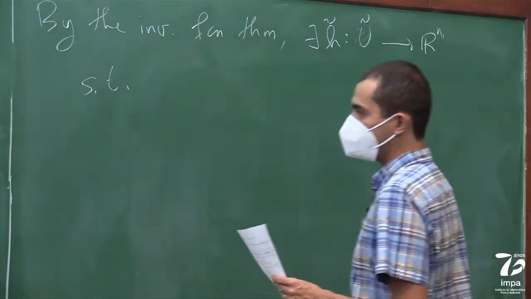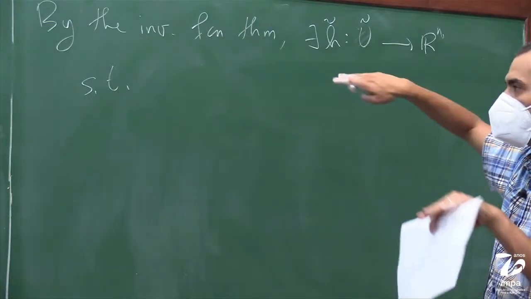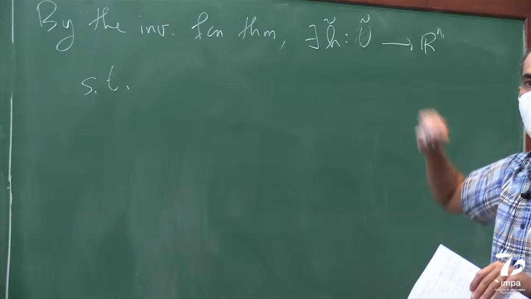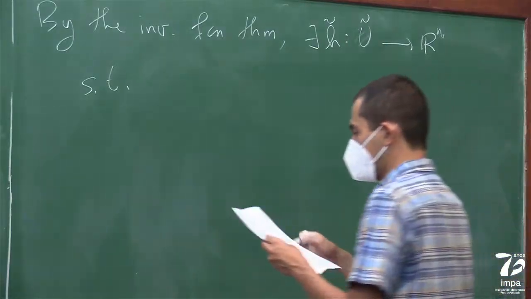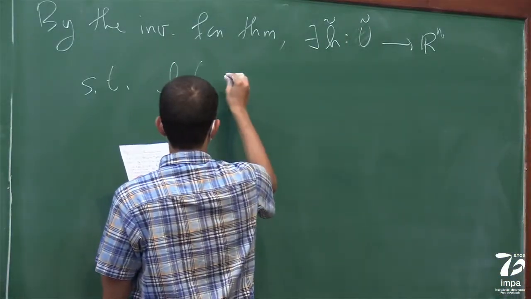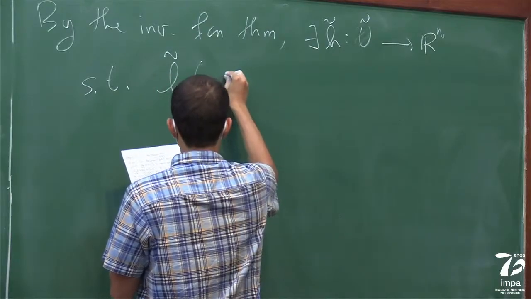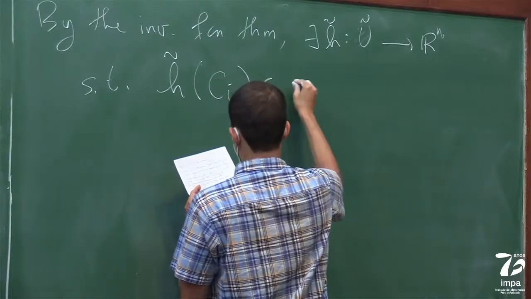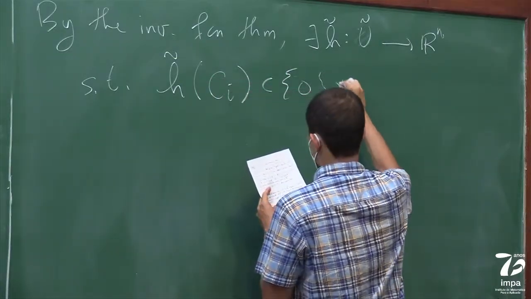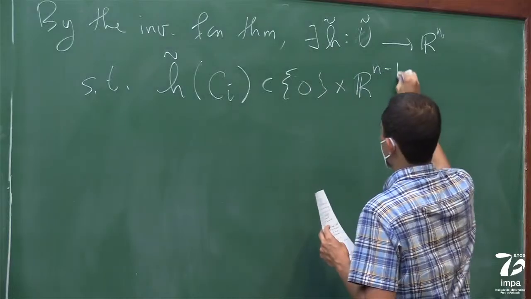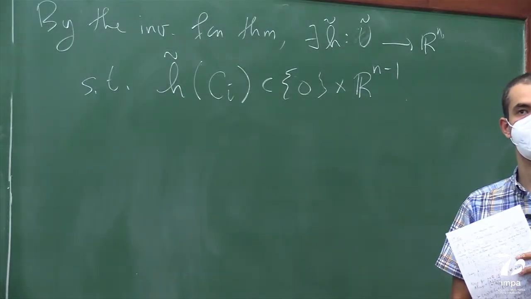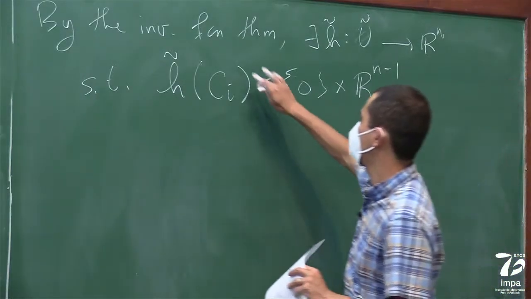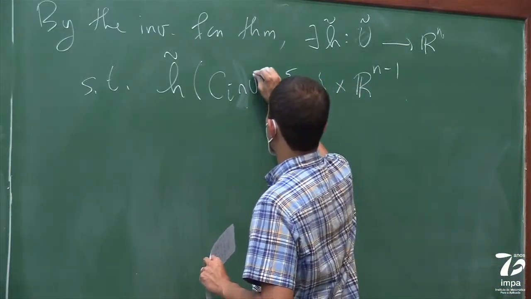What I want to say is that the G equals 0 part is the same as the image of a hyperplane. So this means that H tilde of Ci is contained in 0 times R to the n minus 1. That's what it is. Maybe Ci intersected with U tilde. There we go.